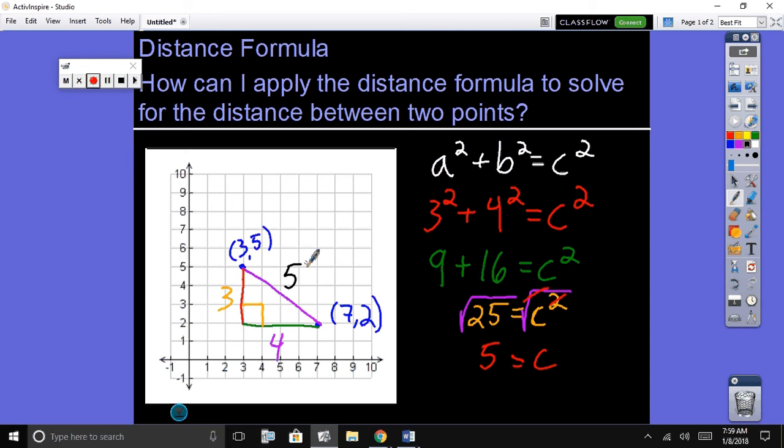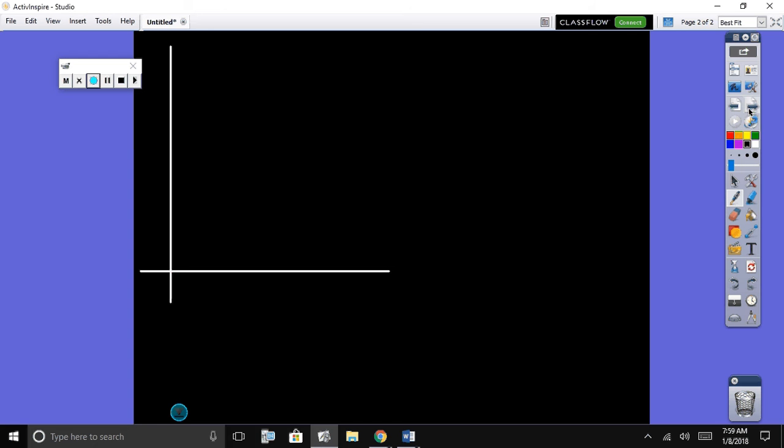So here's an example. We started with 2 points that we were given, 3, 5, and 7, 2, and we were able to use something we previously learned to determine the distance between those 2 points. But what if I'm given 2 points, let's say just in general, a very broad general case without any numbers plugged in.